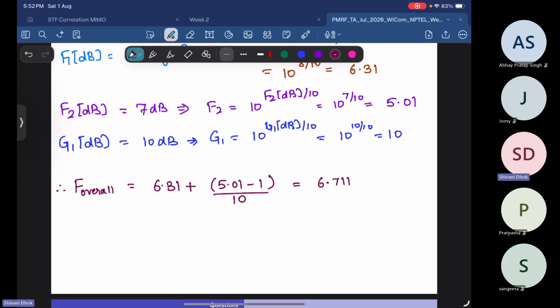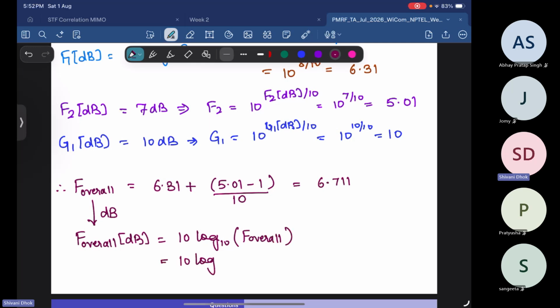This is again in linear scale. Now if you want to convert this to dB, this will be equal to 10 log to the base 10 of F overall in linear scale, which is 10 log to the base 10 of 6.711. This comes out to be equal to 8.27 dB.